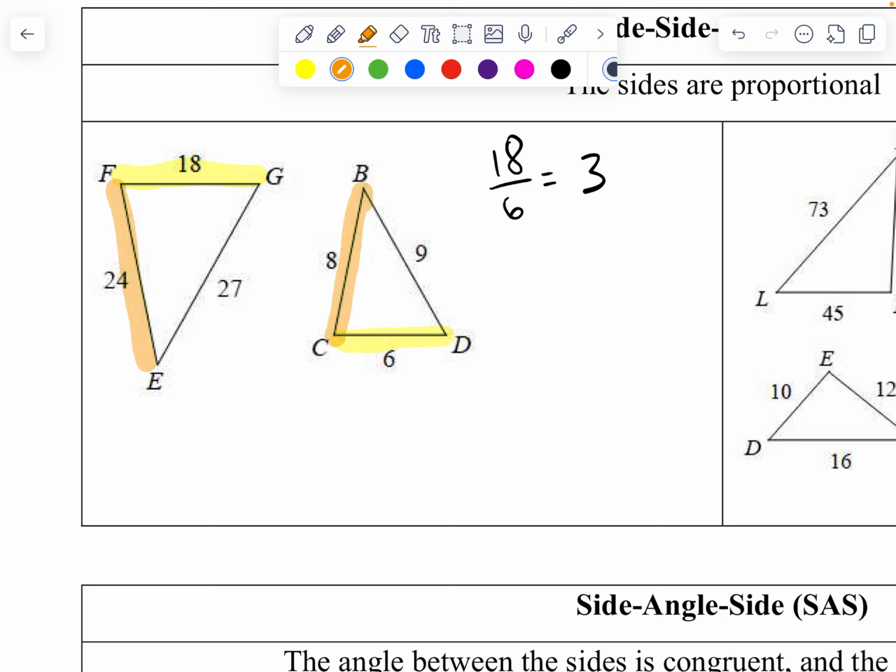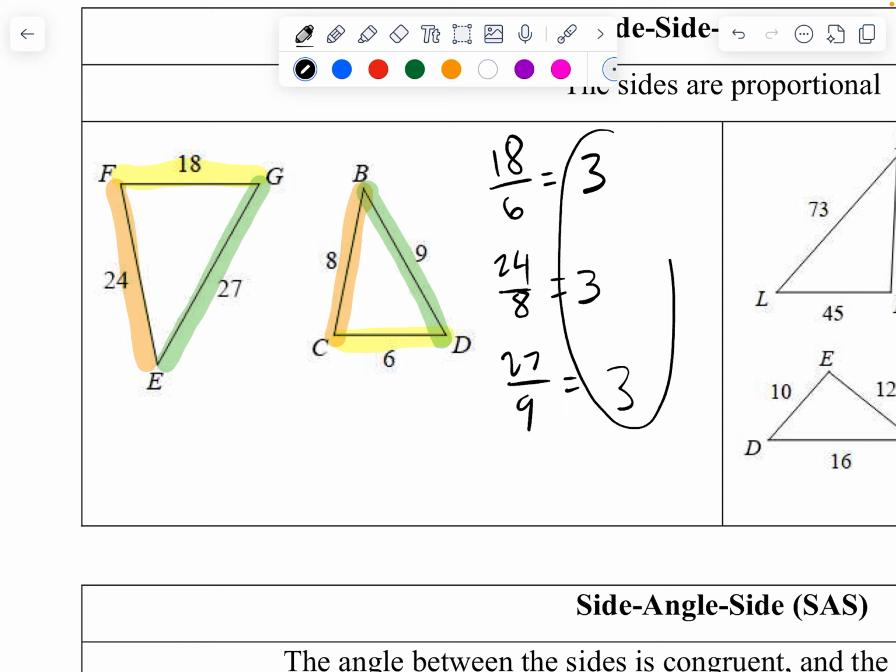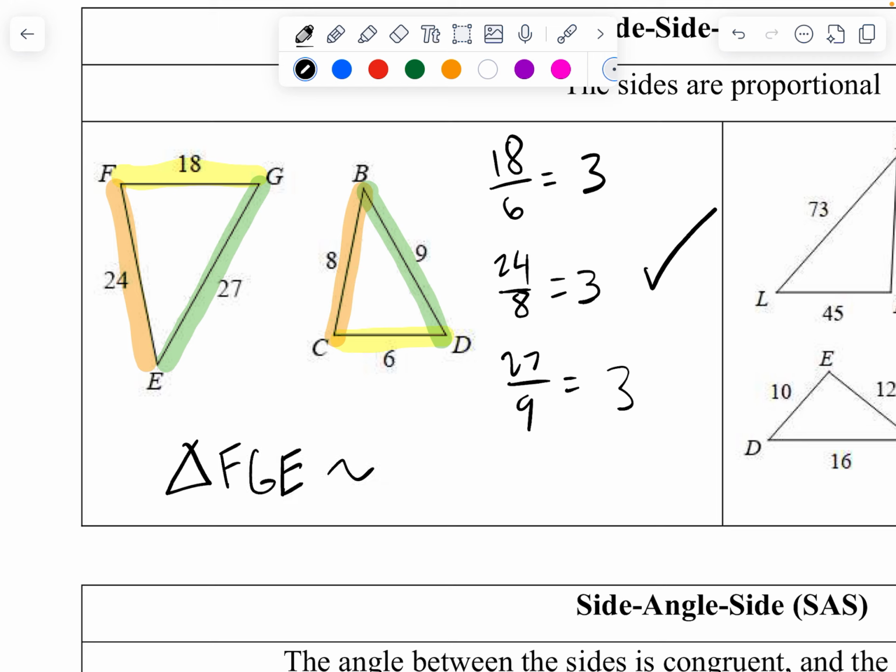Medium is going to have to correspond with our medium. 24 divided by 8, we also get 3. And then we have the larger side to the larger side. We have 27 divided by 9, we get 3. Now we'll notice that these are all the exact same number, which means yes, your two triangles, triangle FGE, is similar to triangle CDB.